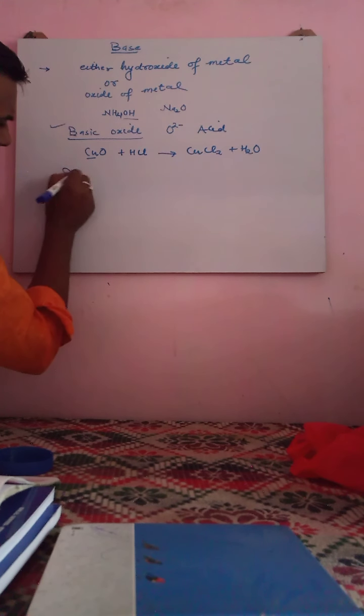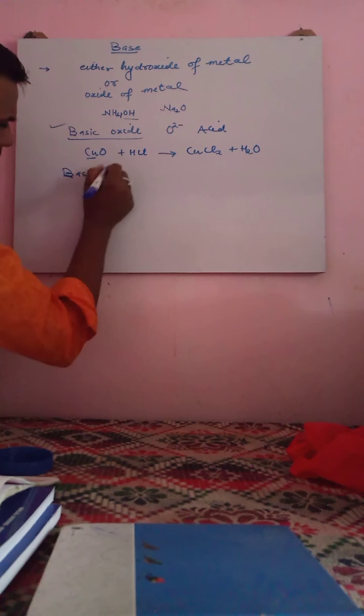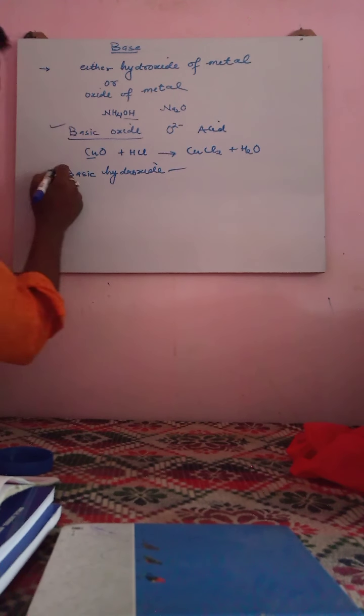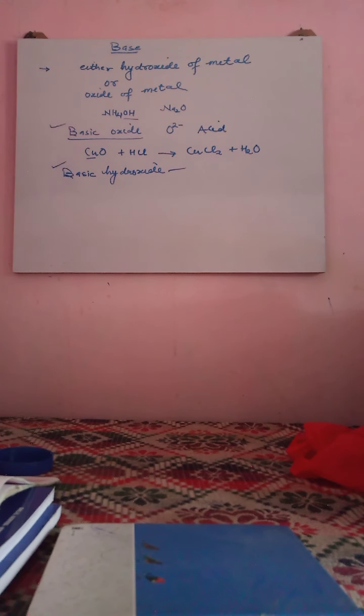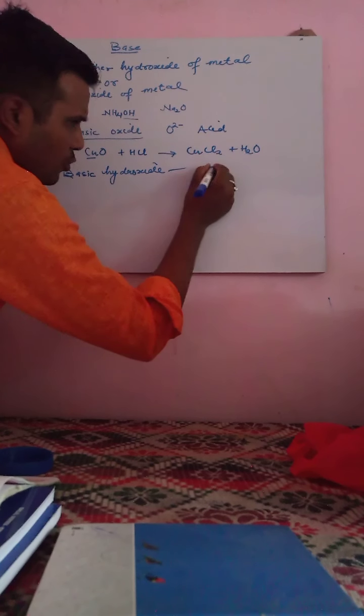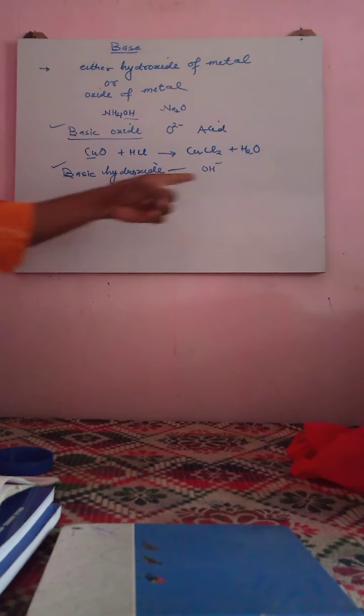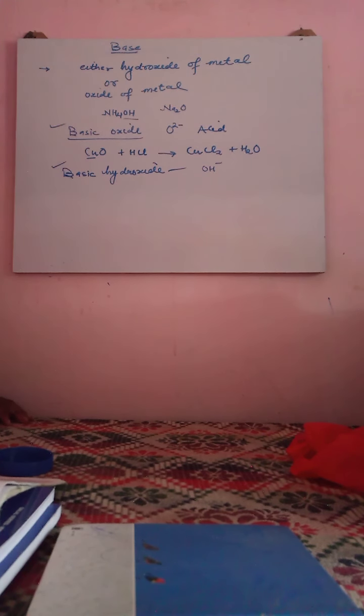Now it is our turn to discuss about basic hydroxide. Let's see what is basic hydroxide. As I told you all, basic oxides are substances containing O2- radical, while basic hydroxide is a substance containing OH- radical, the hydroxyl radical, right? So compounds of metal containing OH- radical are known as basic hydroxide.